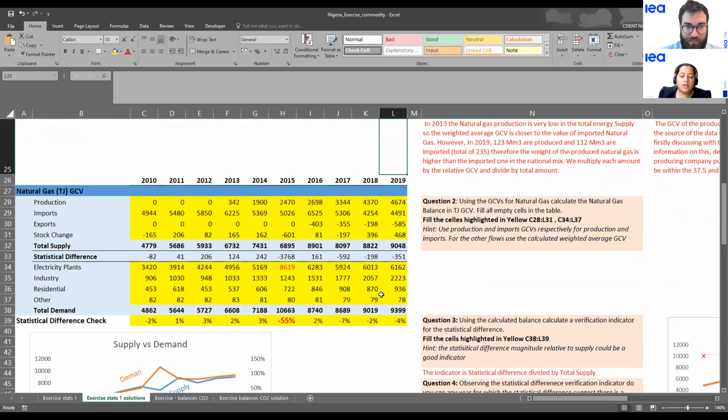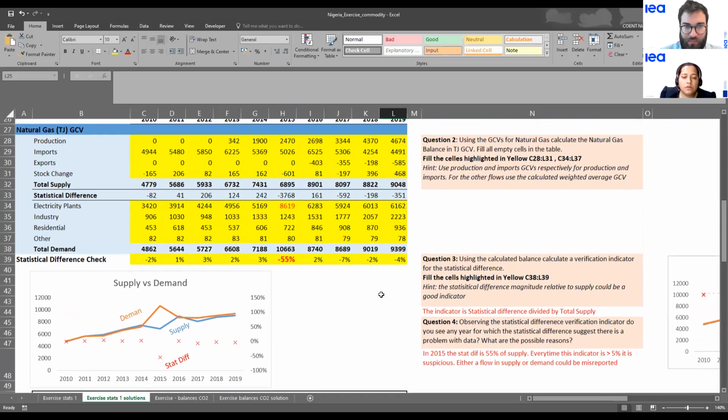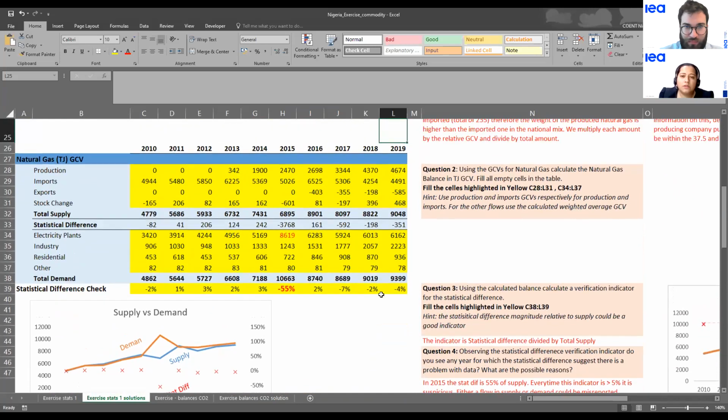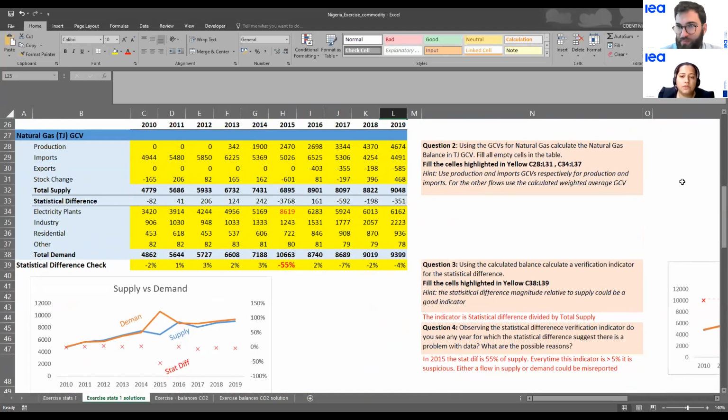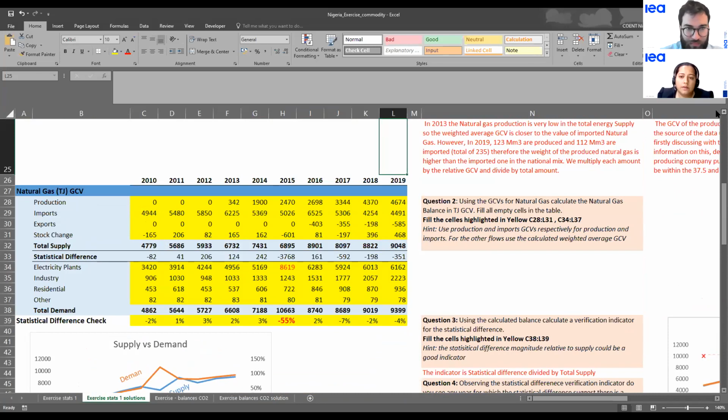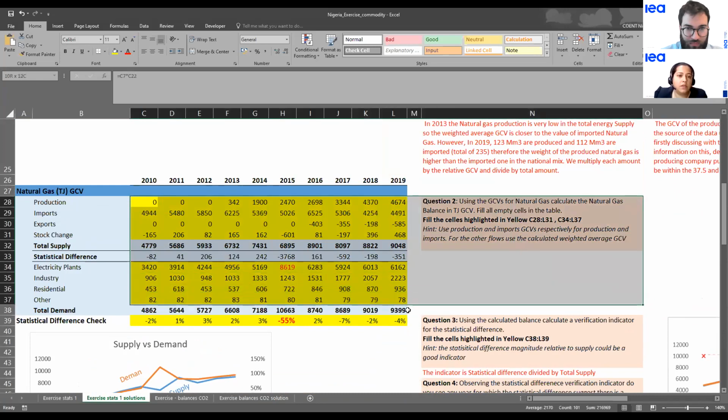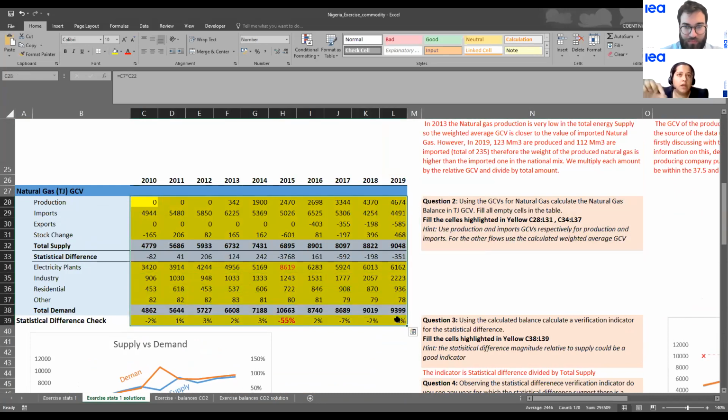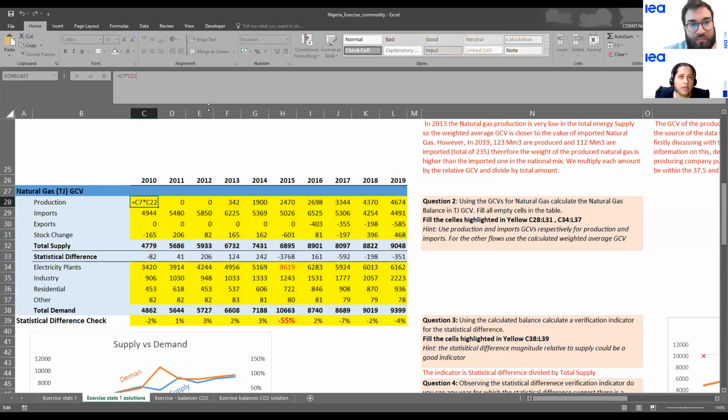The second one is now, using the gross calorific values for natural gas, calculate the natural gas balance in terajoule gross calorific value and fill all the yellow cells here. So here it's very simple. Up above you have your data in million cubic meters in the first table.